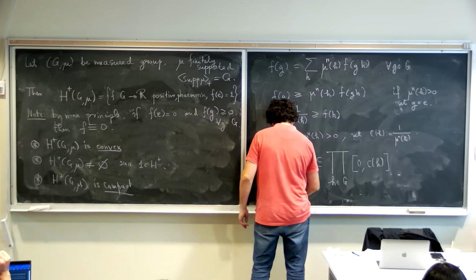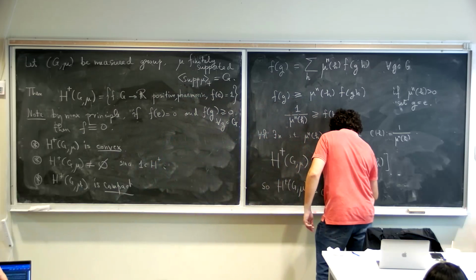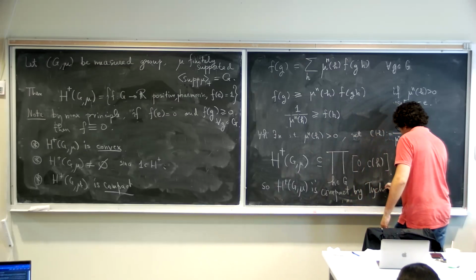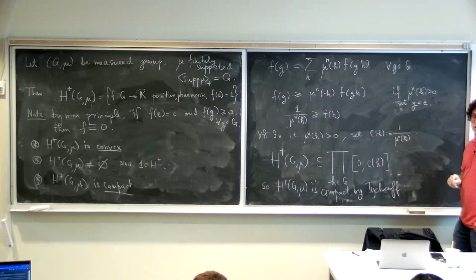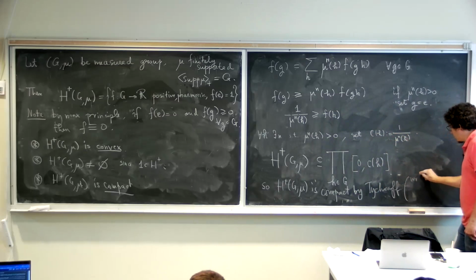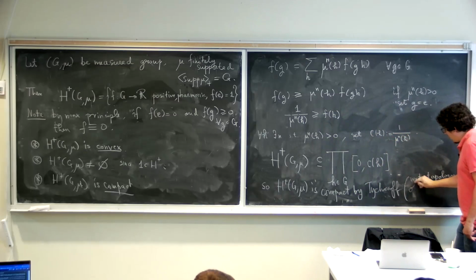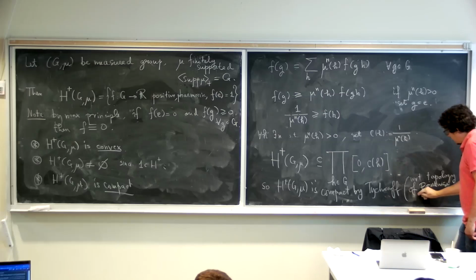So H plus of G, mu is compact by Tychonoff enough, with respect to the topology of pointwise convergence, because this is a product of compact spaces, but the topology is somewhat weak, but it's fine.